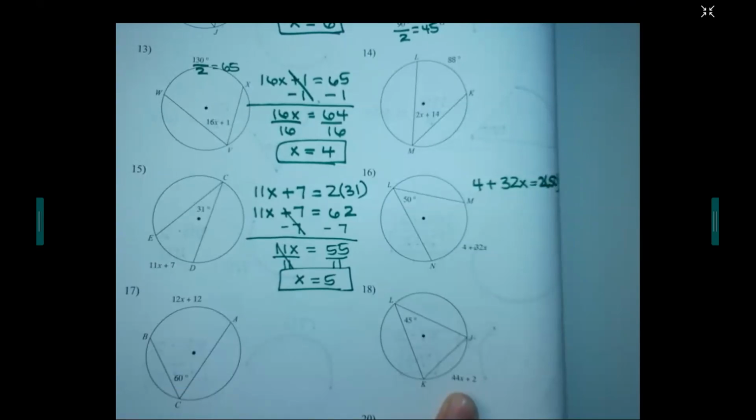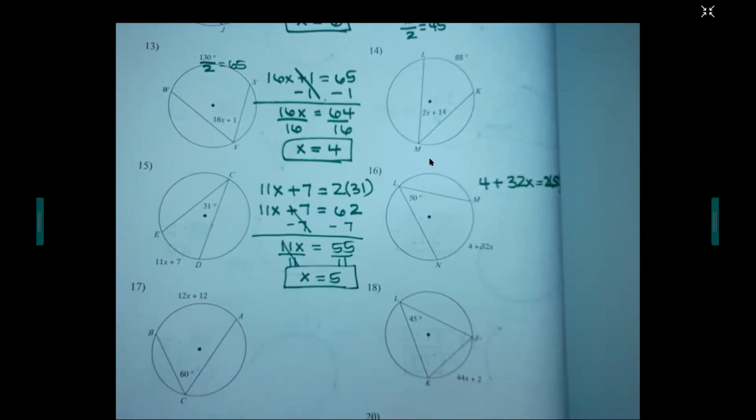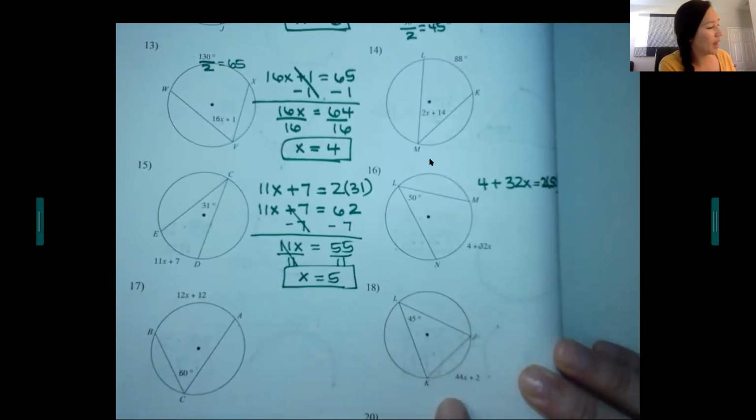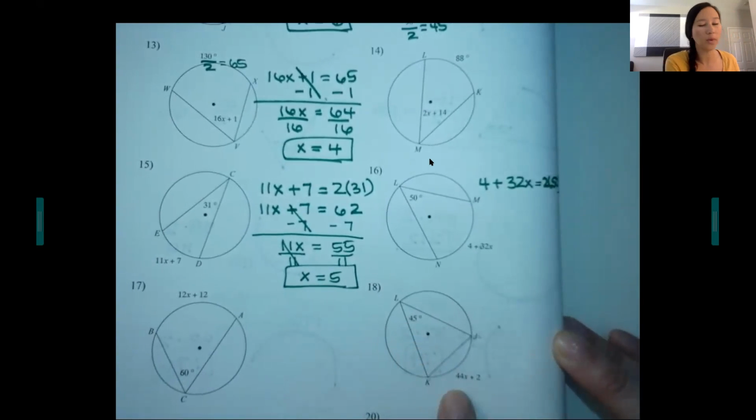Would it be the same for my problem too? What number? 18. Number 18. Yep, you're going to have to multiply 45 by 2. Yep, and then 44x plus 2 will equal 90.